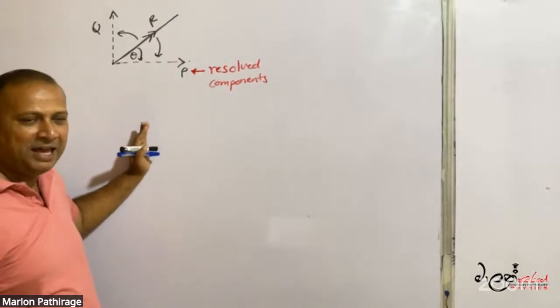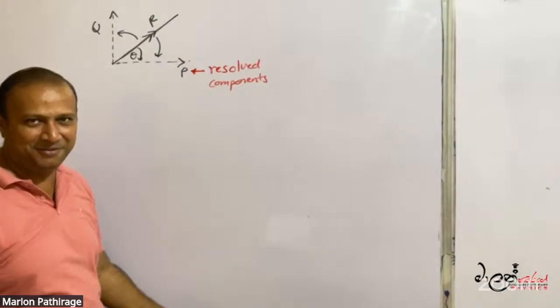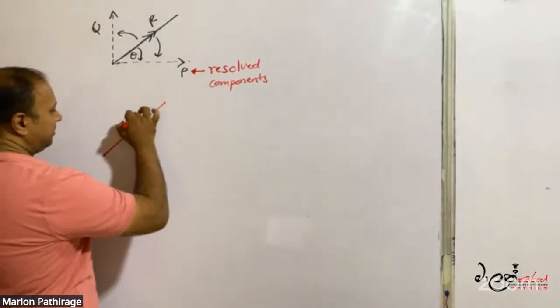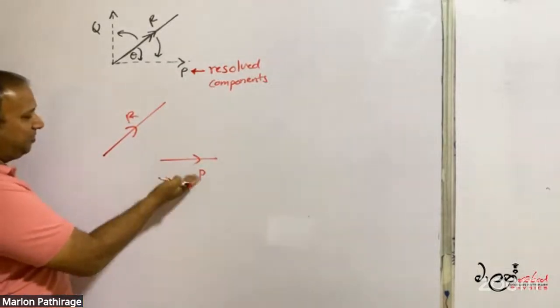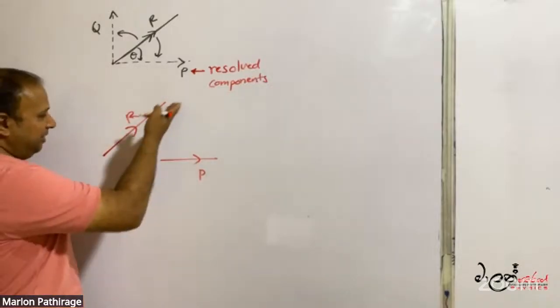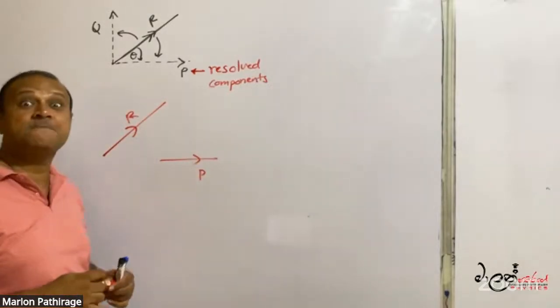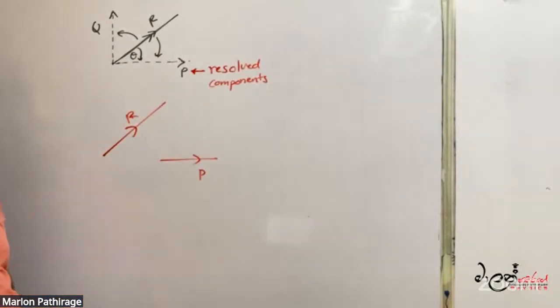This vector is not equal to this kind of vector, because the directions are different and the magnitude is also different. Therefore, you cannot resolve a vector into a single direction.